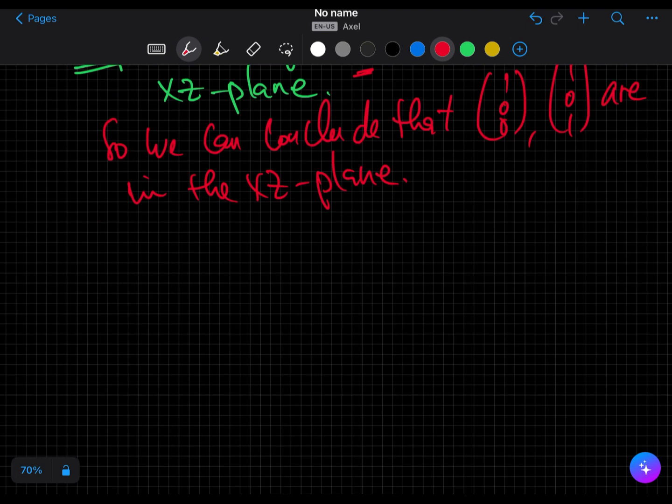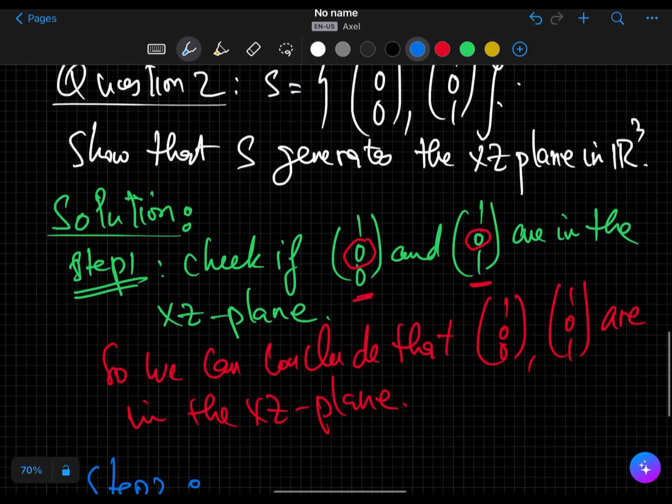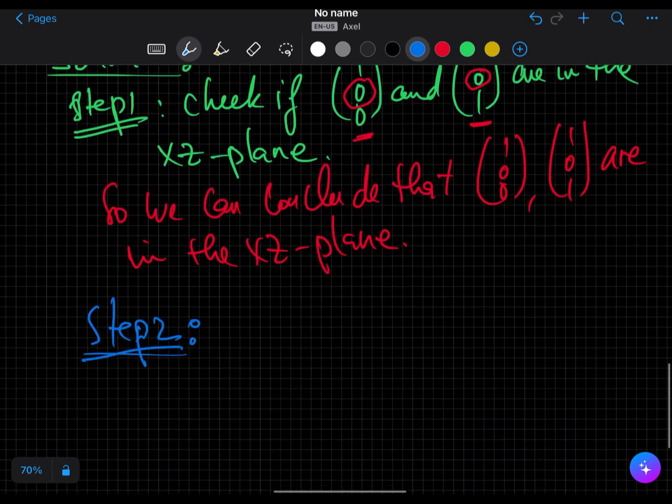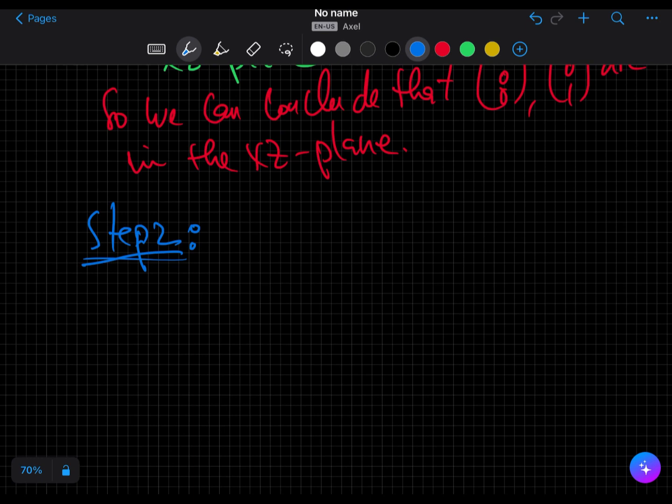Okay, now the second step to follow, because remember you are trying to show that S generates this plane in R3. What you have to do now is to apply the definition of a generating set. A space generated by S is all the linear combinations of S. Let me write it down.